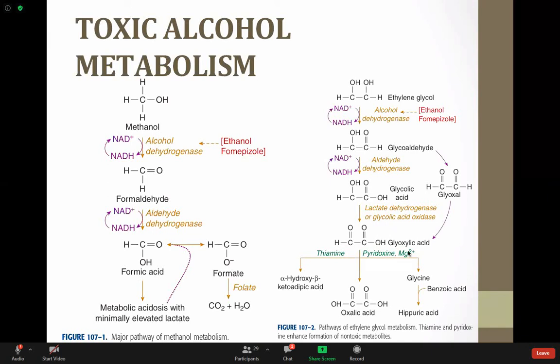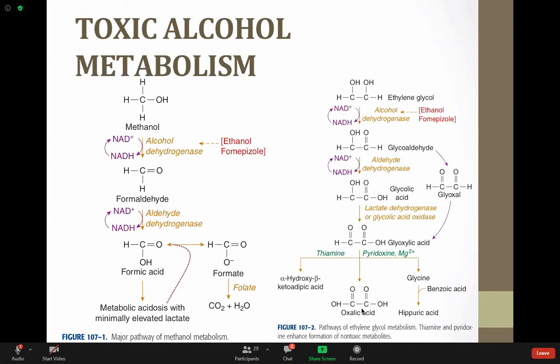Ethylene glycol gets metabolized to glycolic acid. Here the acidosis starts. It is metabolized by alcohol dehydrogenase to glycaldehyde, and then by aldehyde dehydrogenase into glycolic acid, and then to glyoxalic acid, and then oxalic acid.